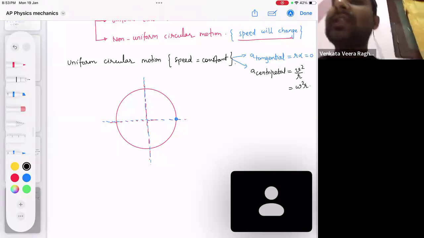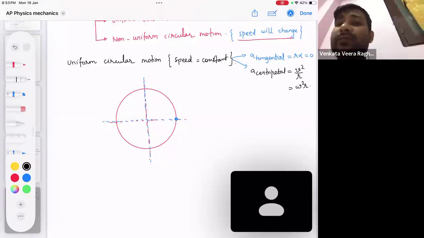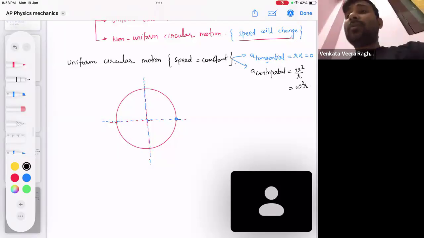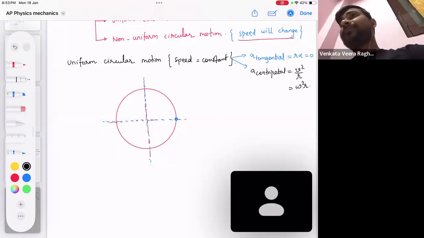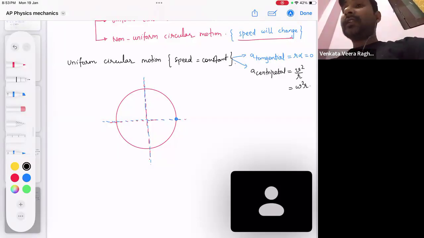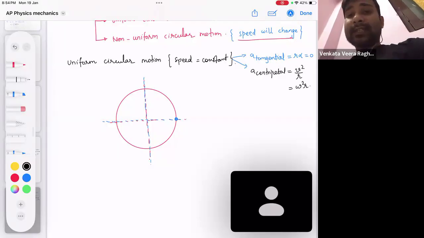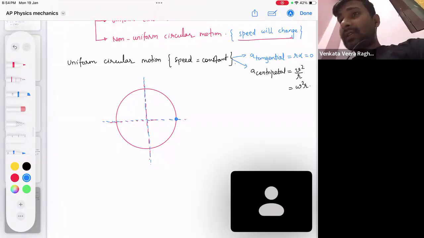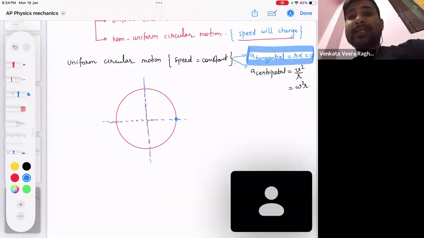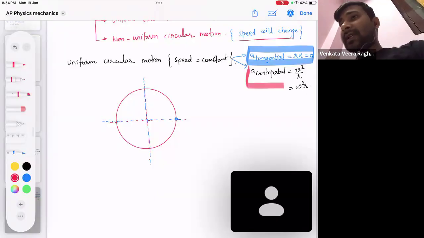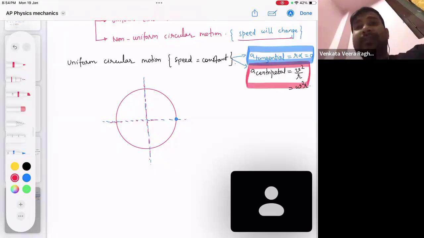Please keep in mind, in any type of circular motion, whether uniform or non-uniform, uniform means speed constant. What will happen? Tangential acceleration will be zero, but centripetal acceleration is still going to be there.